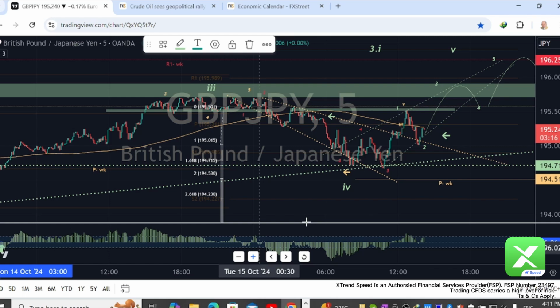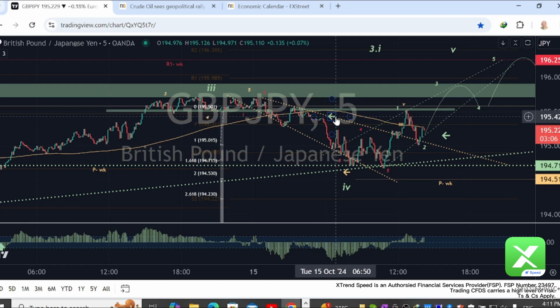Okay, so for short-term trades, let's recap. For short-term traders, if we have longs at 195.50, we are going to be able to take profits towards Asia time at 196 and 196.10. If we have hedges for these longs, say at 195 or maybe 195.20, we will close.